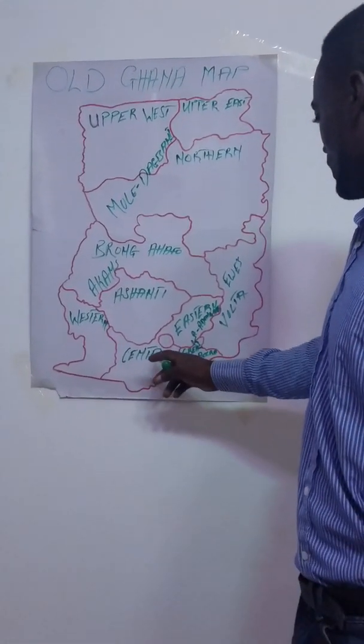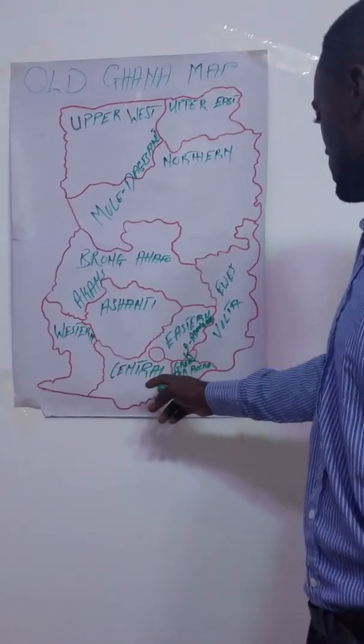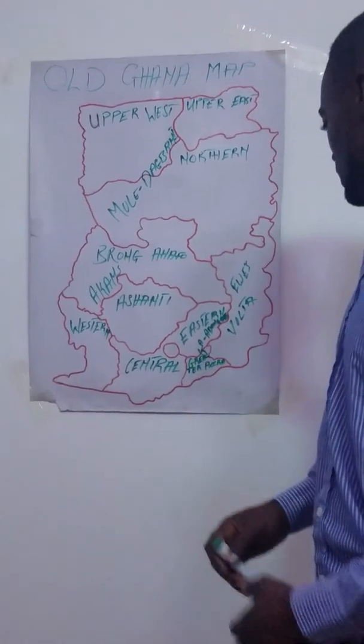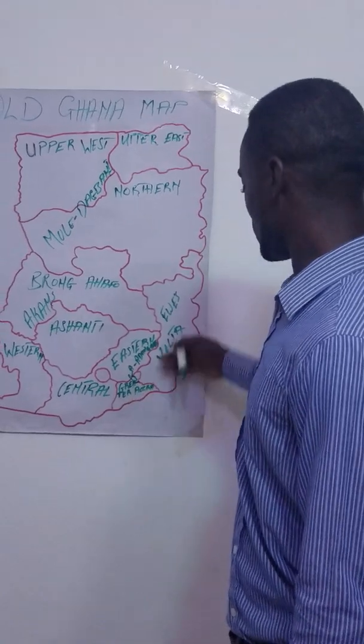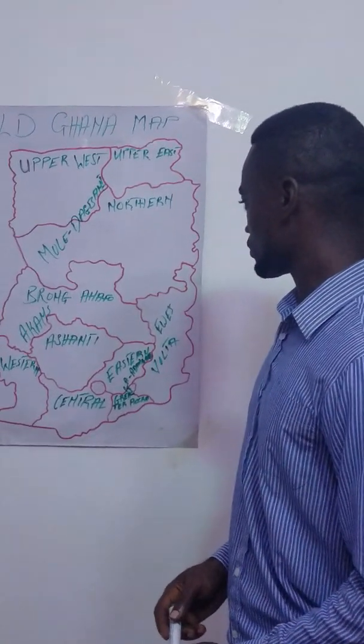The Fantis settled around the coastal places. The Gas also settled around the coastal area of Greater Accra, and then the Ewes settled around the Volta area.